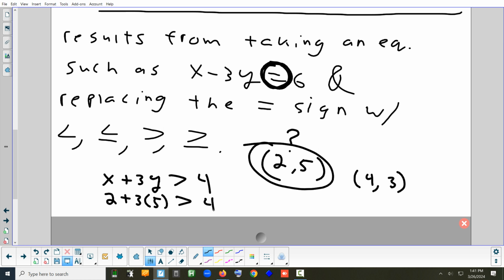What's 3 times 3? 9. 9 plus 4 is 13. Is 13 bigger than 4? Yes. So this is another solution. This was a solution too. So when we're solving an inequality, there are lots of solutions, not just one.